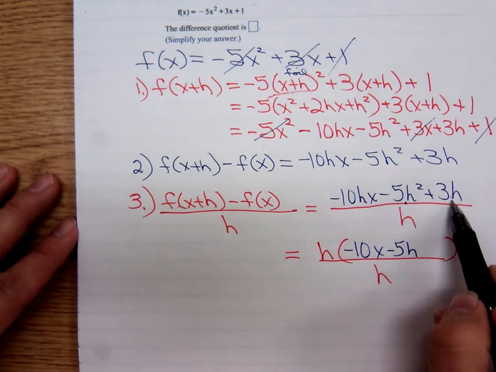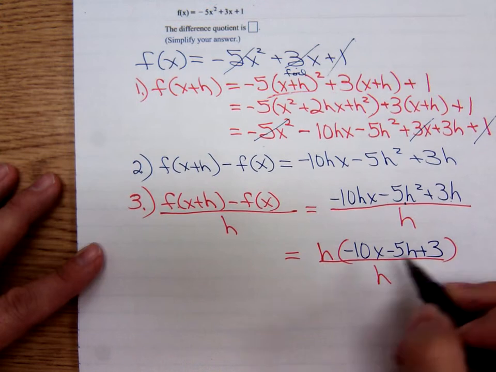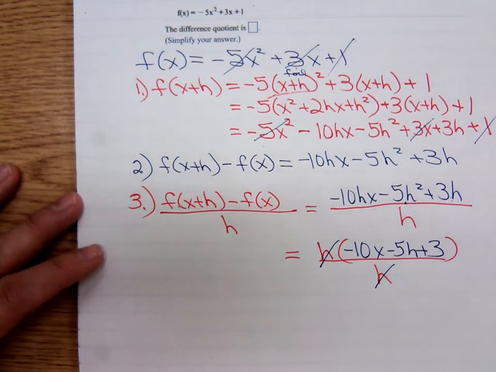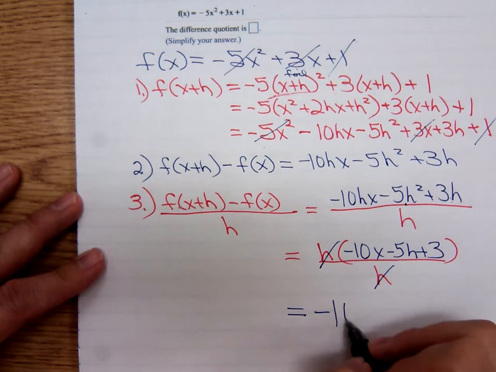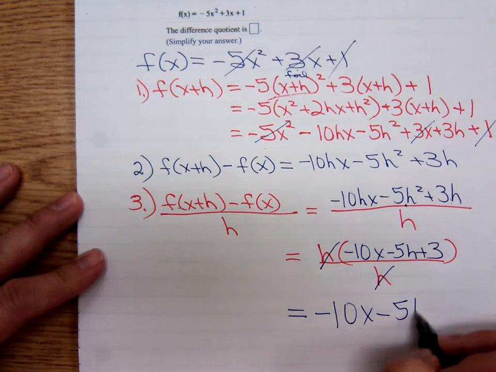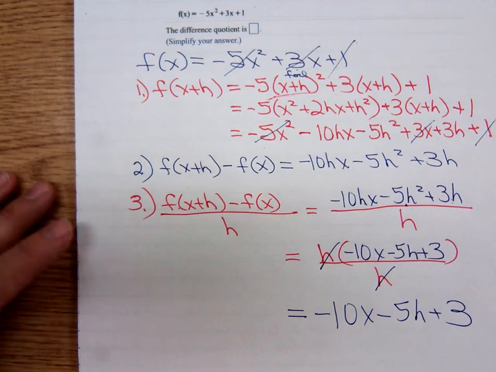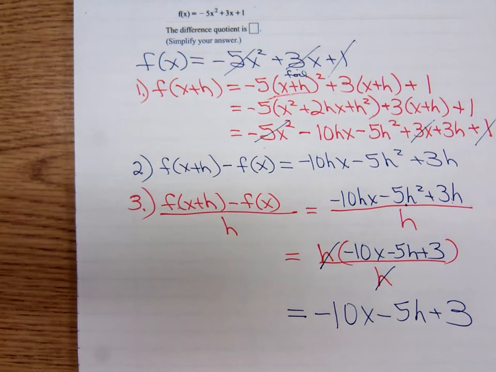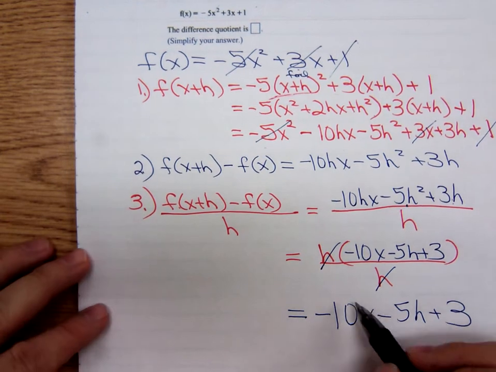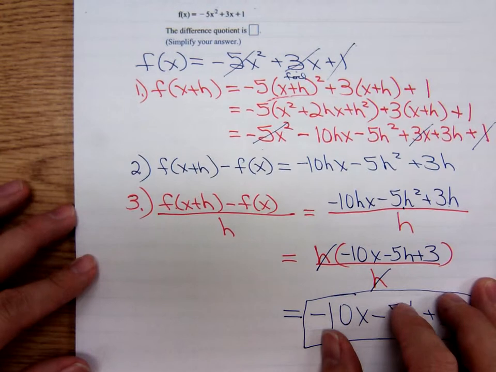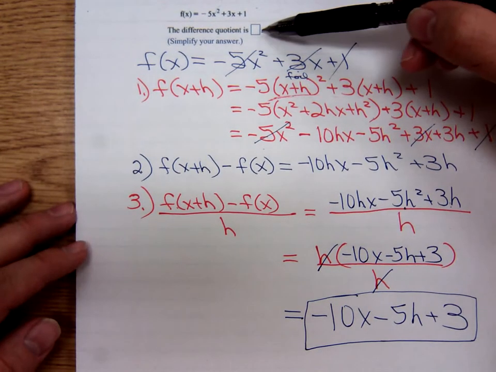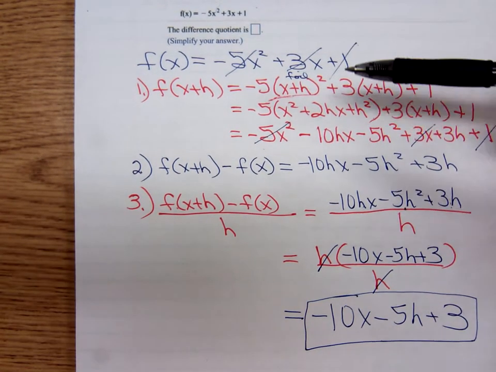And here, h divided by h, we have the final answer of negative 10x minus 5h plus 3. For my final answer. And that's what goes up here in this little bitty box.